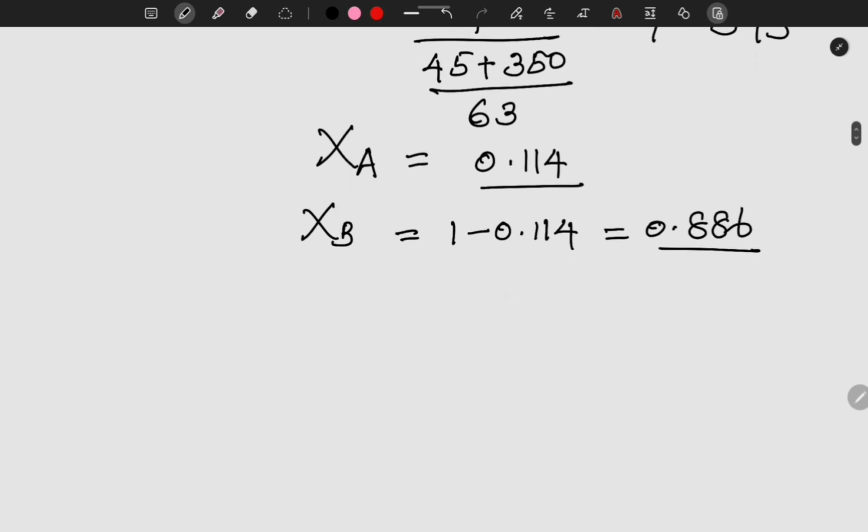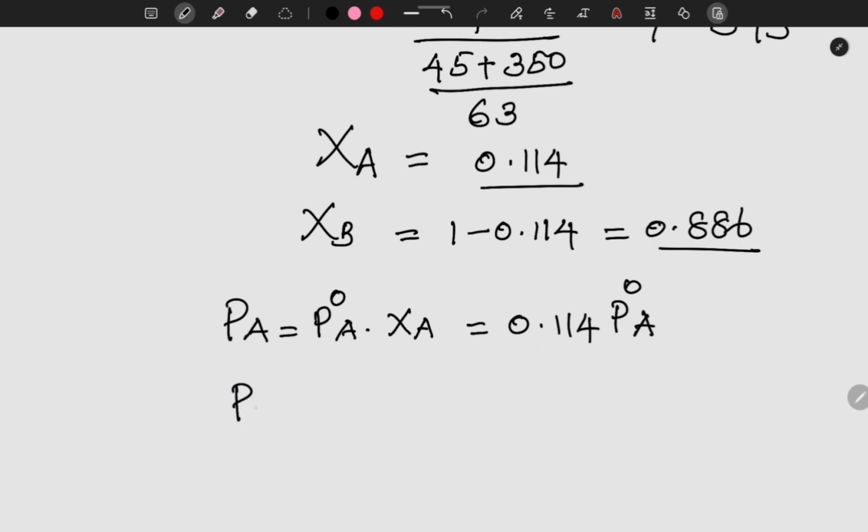Now we can go back to the equation. PA we know is P0A into chi A. Here we got chi A as 0.114. P0A we don't know, so we can write 0.114 into P0A.